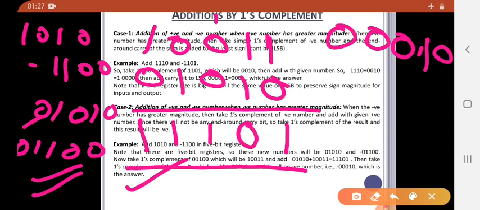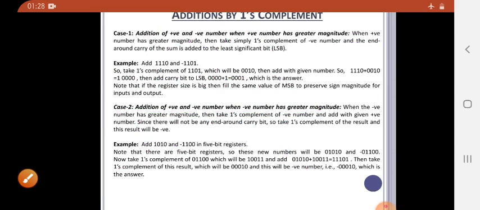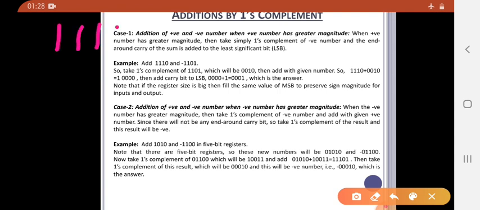Now the 1's complement of 11101 is 00010. Then now you are having what? The 1's complement of 11101 is 00010.